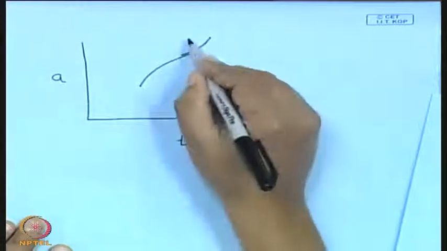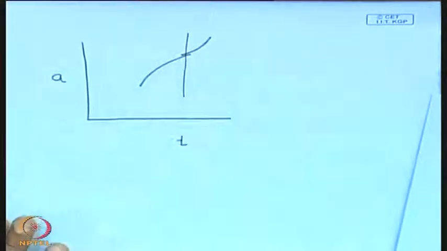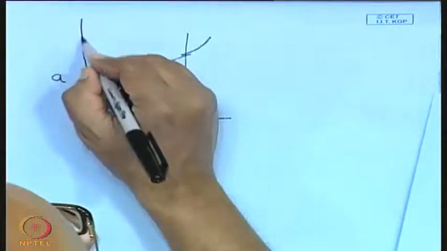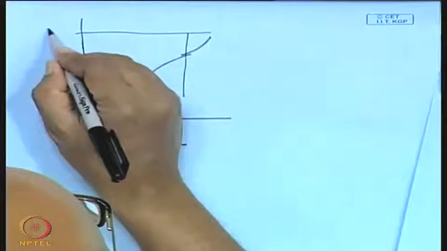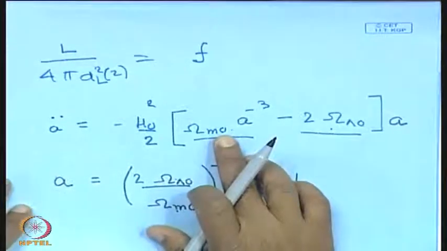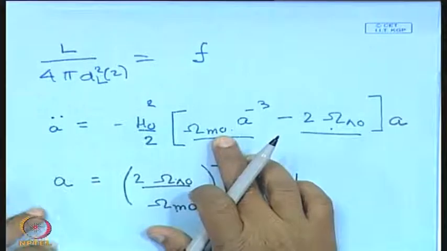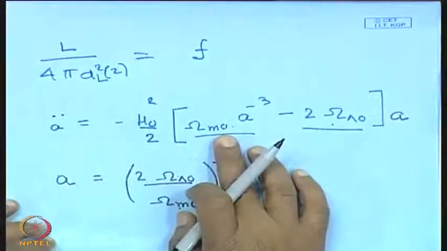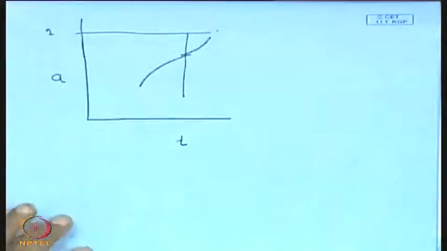So there was a transition here, I am just drawing it pictorially, it may not be so dramatic, and this is the present value a equal to 1. Once this term dominates, we know that the expansion is going to be t to the power 2/3, matter dominated.